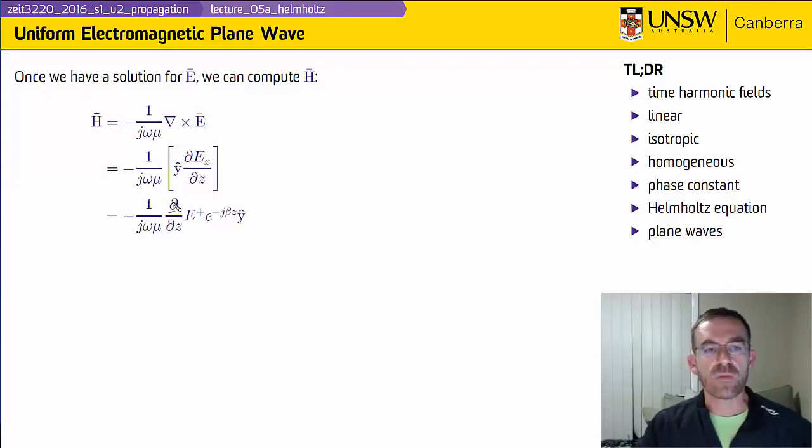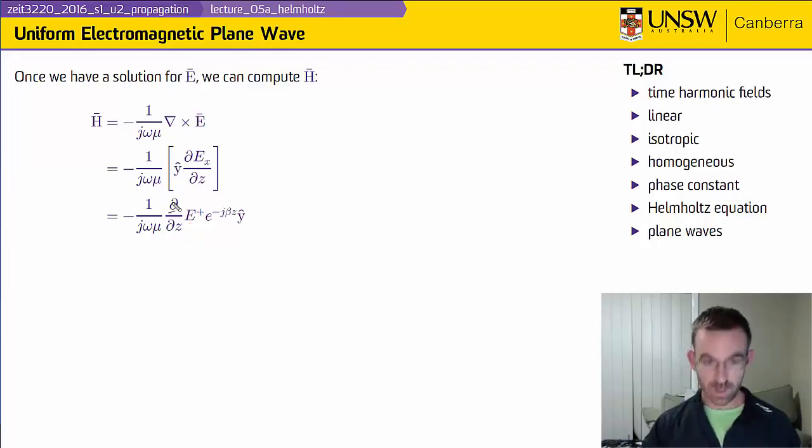If I assume that I have only my forward propagating wave, then I've got minus 1 over j omega mu, y hat, and then the derivative with respect to z of this quantity. When I take this derivative, I'm going to bring down a minus j beta. That's a constant, so it comes out, and I take the derivative of e to the minus j beta z.